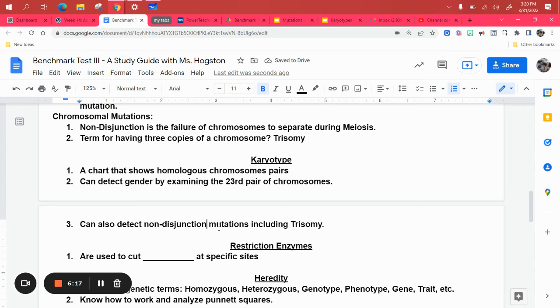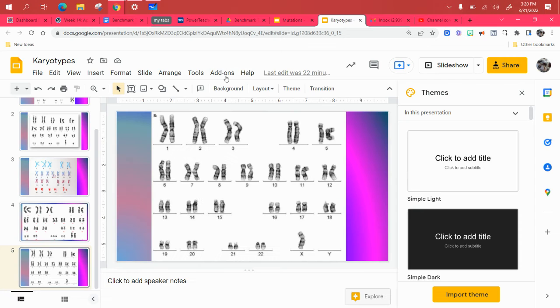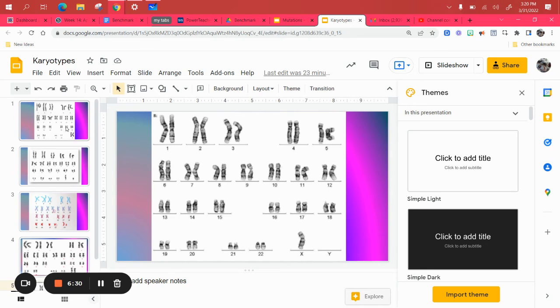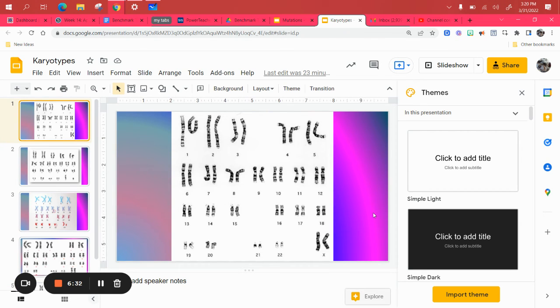You might also be able to detect insertion, duplication mutations.